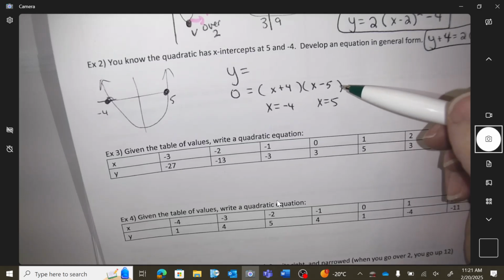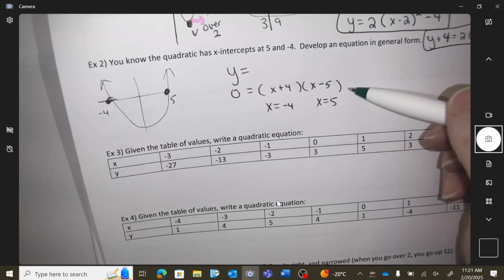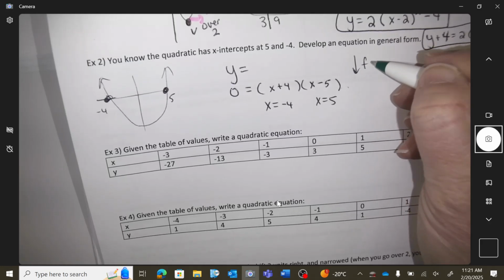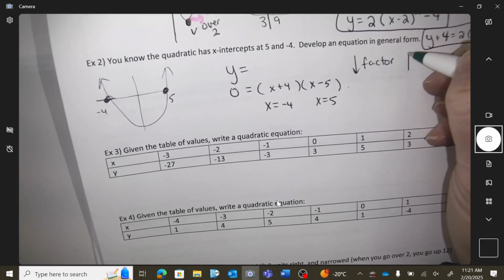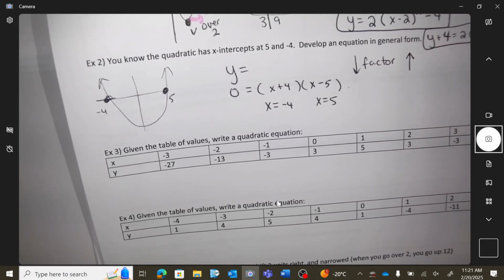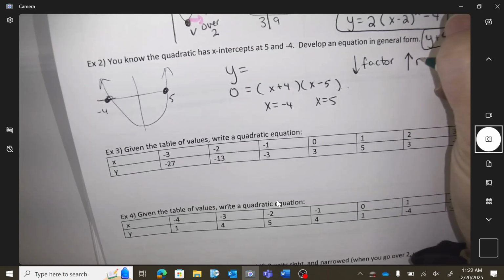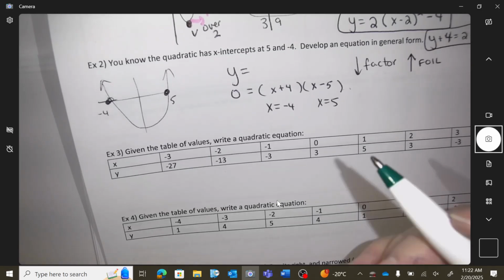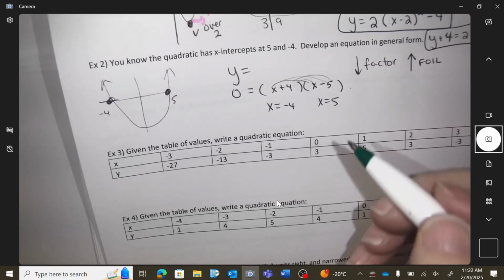Okay, and then this was factoring, so how do you work backwards of factoring? What's an opposite thing to factoring? Foiling it. Foiling and factoring are opposite. Okay, so FOIL it, what do you get?